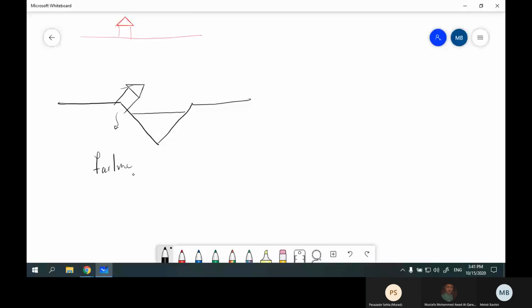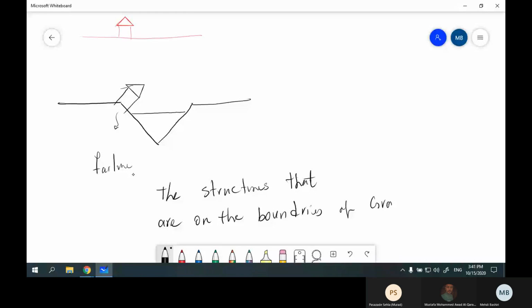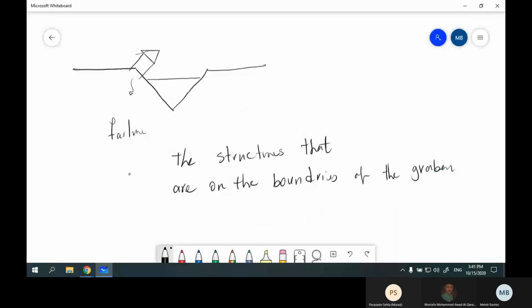So the main problem is that the structures that are on the boundaries of graben will collapse like this.